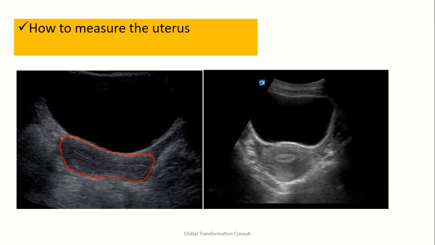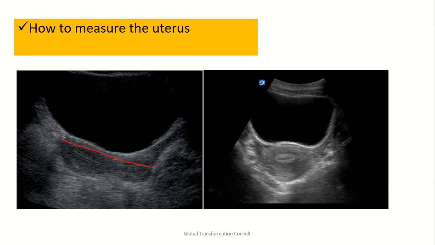If you want to measure the uterus, you measure from outside the uterus, just on top of the serosa, from here down to the end of the cervix, to the external os here.